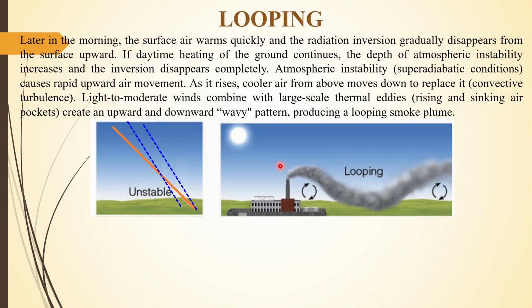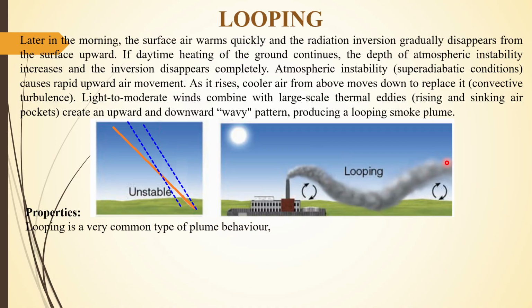As it rises, cooler air from above moves down to replace it, and a light to moderate wind combined with large-scale thermal eddies, that is rising and sinking air pockets, creates an up and down wavy pattern. So this is a looping smoke plume.